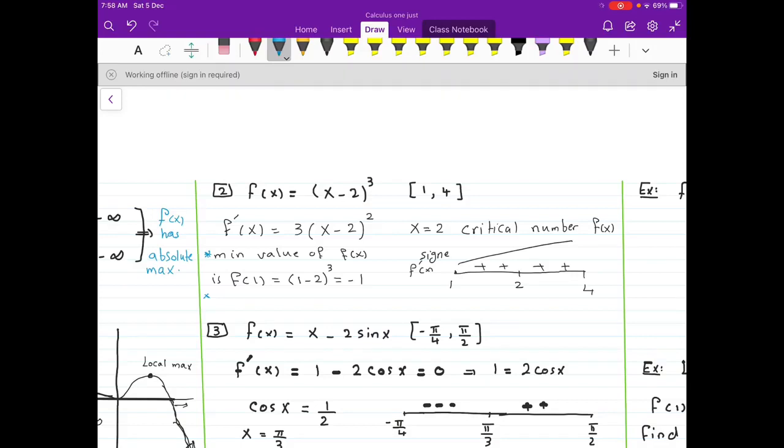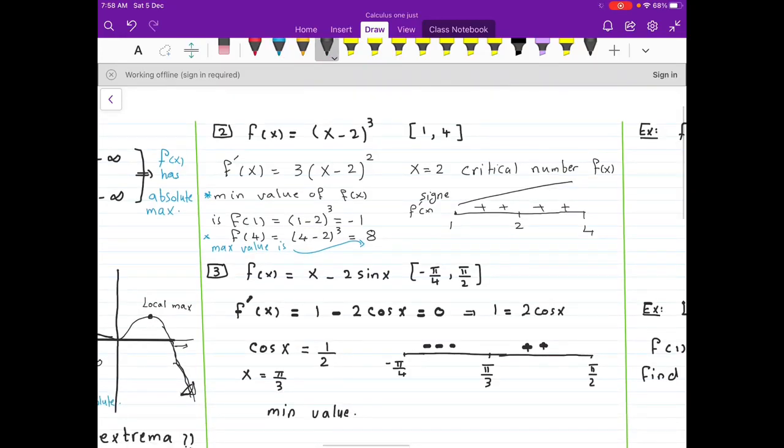Now, what is f of 4? f of 4 equals (4 minus 2) to the power 3, which is 2 to the power 3, which is 8. So the maximum value for the function is 8, and the minimum value is minus 1.